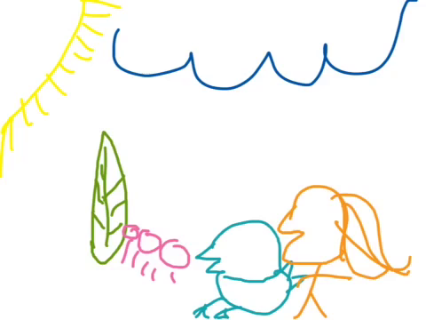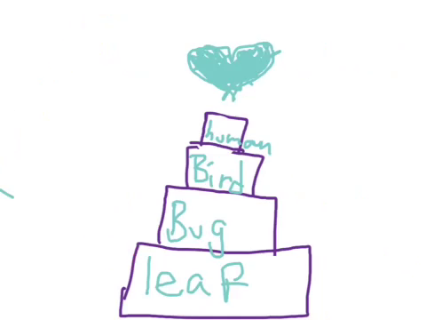And then there is a human girl who is eating the bird, which is a tertiary, which can eat secondaries and primaries.